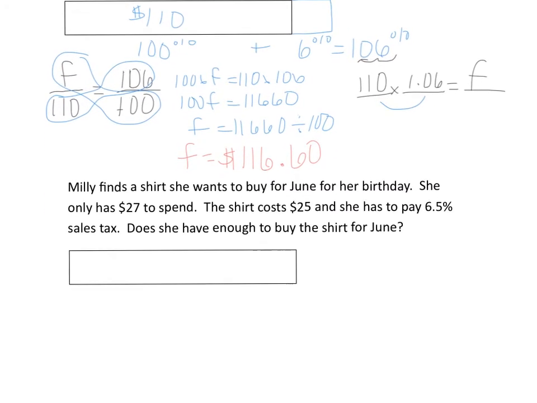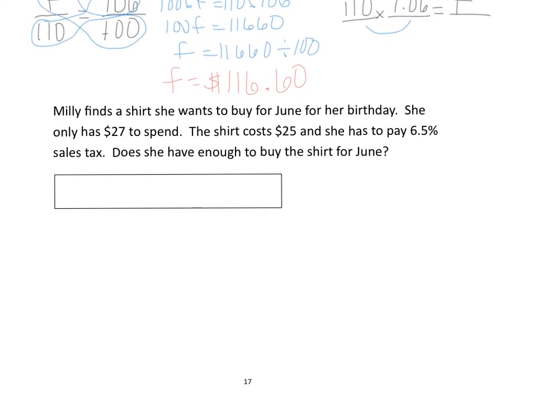The second one on page 17. Millie finds a shirt she wants to buy for June for her birthday. She only has $27 to spend. The shirt costs $25. She has to pay 6.5% tax. Does she have enough? The bar we know represents 100% of the cost.